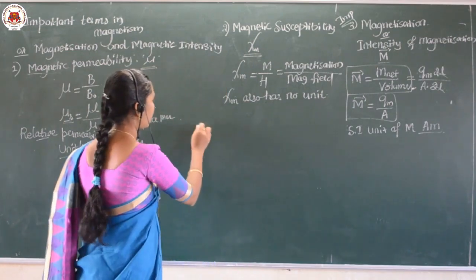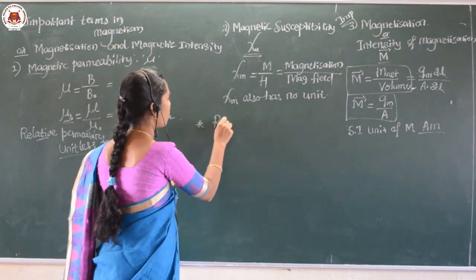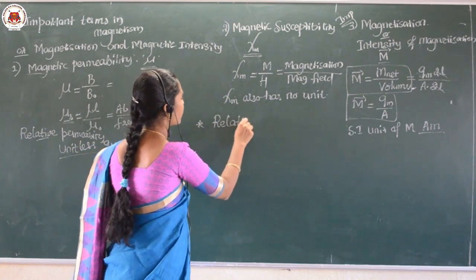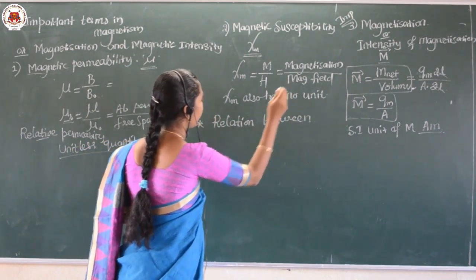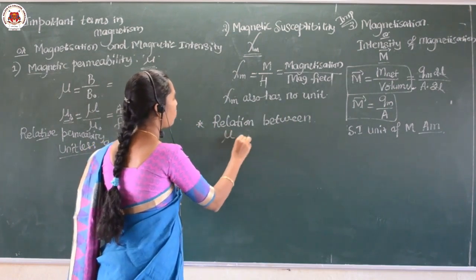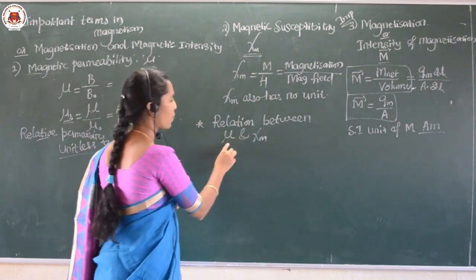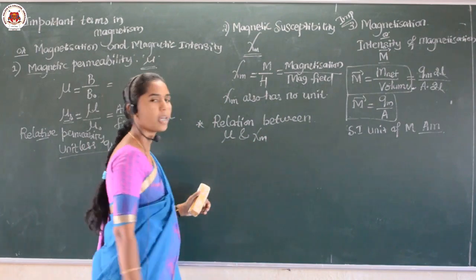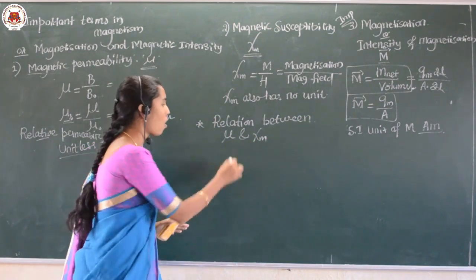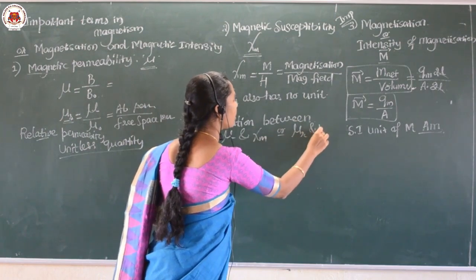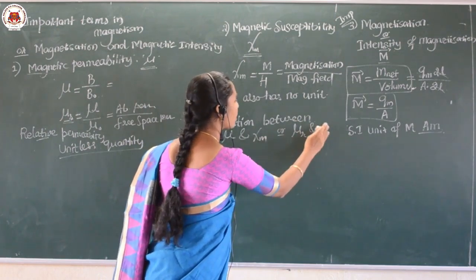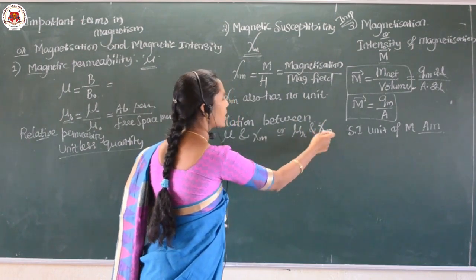Next step is moving to the relation between mu and Xi m. Mu is the permeability, Xi m is the susceptibility, or sometimes it is given as mu r and Xi m.